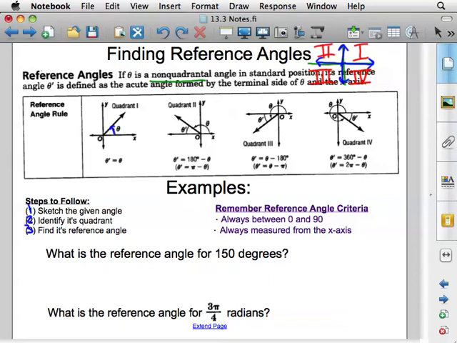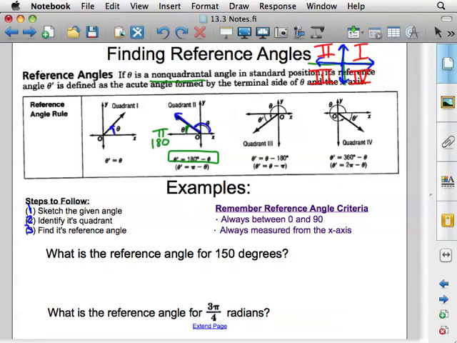However, if it falls into quadrant 2, here, notice theta wraps around, and our reference angle would be created down here. So if we take 180 and subtract our theta, we'll get our reference angle. If we're in radians, we take pi, because remember this is pi over here, or 180 degrees, and subtract theta.